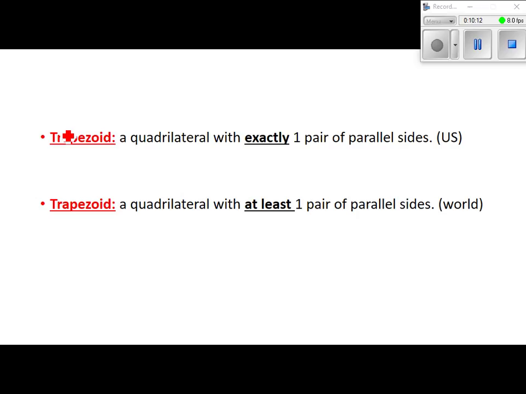Now, see, I say that, and I just don't know, because if it's graded with a computer, and they use the US definition, then the computer's not going to know, hey, it could be a trapezoid if we were in some other country.